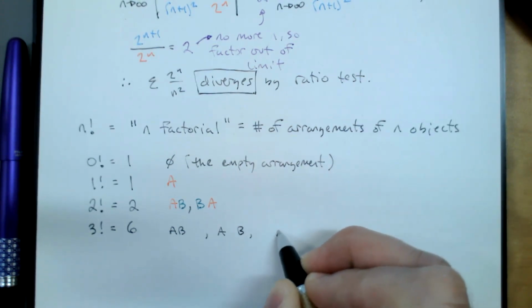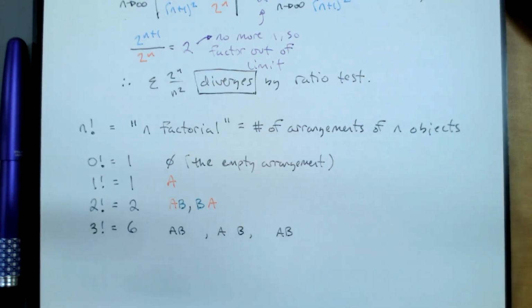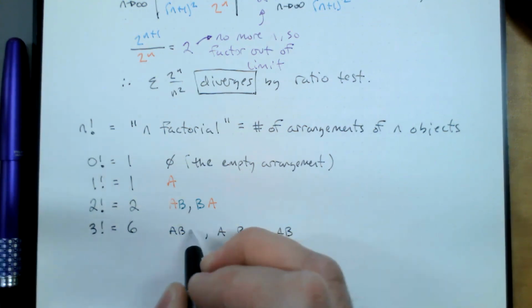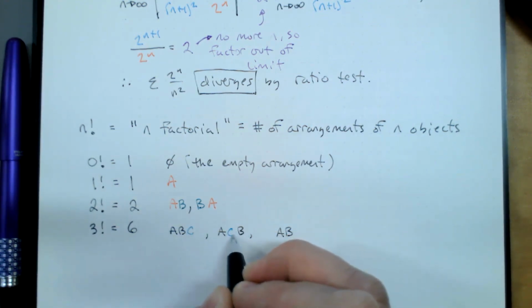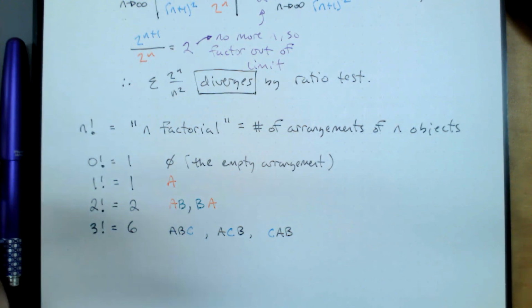I could put C at the beginning. For each of the 2 arrangements I had before, I got 3 places to put a third item.